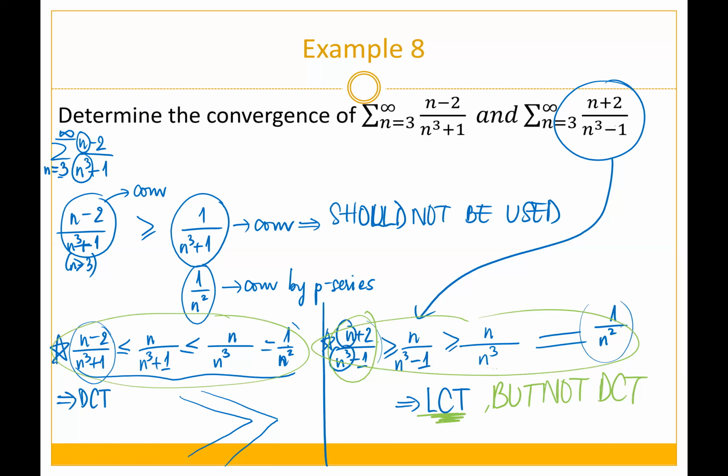It is a multiple choice test, so they wouldn't ask you to write it down. But I just want to make you guys see the difference. But don't freak out if you don't understand this exercise, because it's kind of showing the entire picture of comparison tests. But you can use both DCT and LCT here.